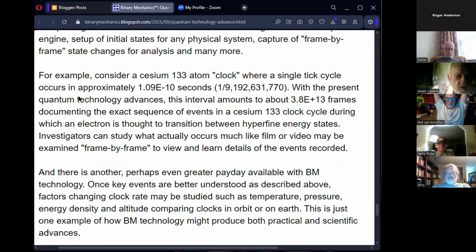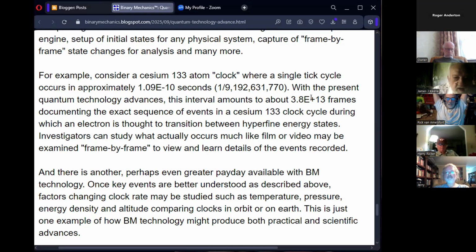With the present quantum technology advances, this interval amounts to almost 4 times 10 to the 13 frames, documenting the exact sequence of events in the cesium 133 clock cycle. Just one of those 9 billion? Let's see, million. Yeah, that's 9 billion ticks. Okay, just one of those ticks.